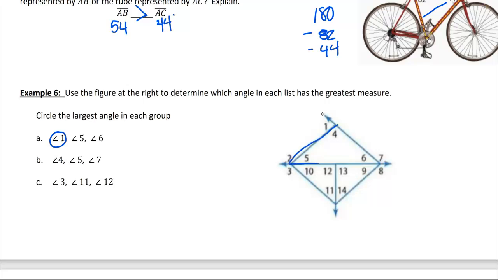So 4 and 5, and there's 7. So the one outside is the bigger one. The two remote interior, those add to get the exterior. So try that last one, looking at 3 and then 12 and 11. And hopefully you just circled angle 3 because it's the outside compared to the two, 12 and 11, that are inside.